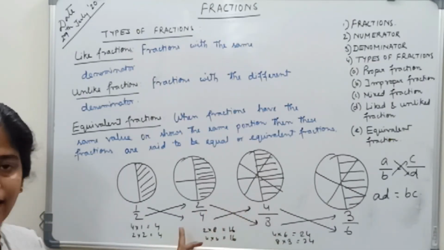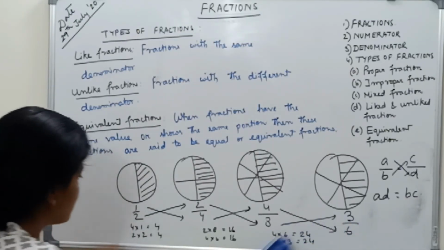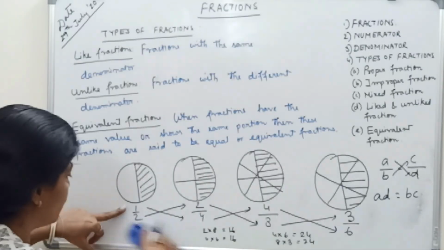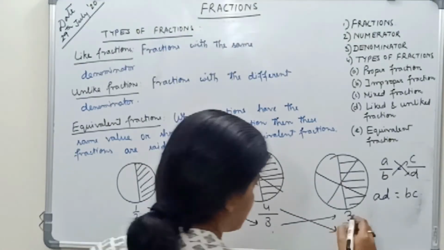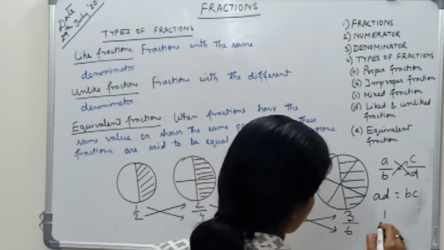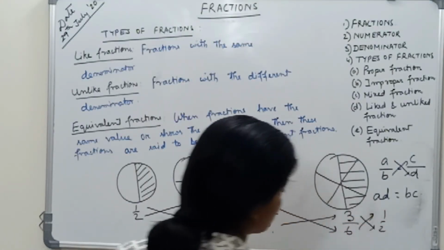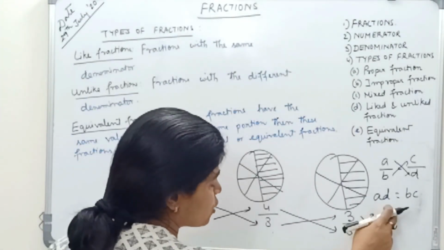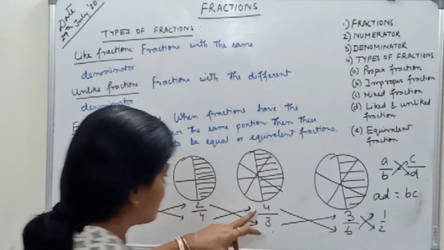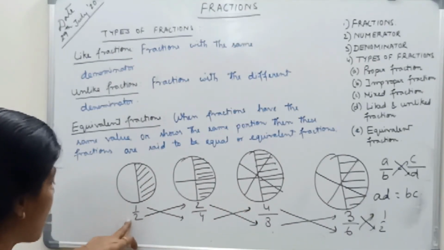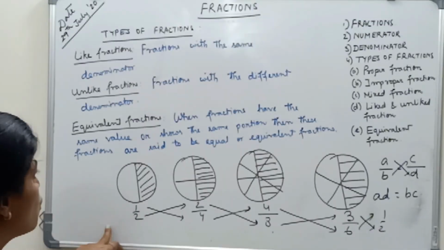So these two are equivalent. If I take 3 by 6 and half, cross multiplying, 3 into 2 is 6, 6 into 1 is 6. These two are also equivalent. Similarly, 4 by 8 and half are also equivalent.